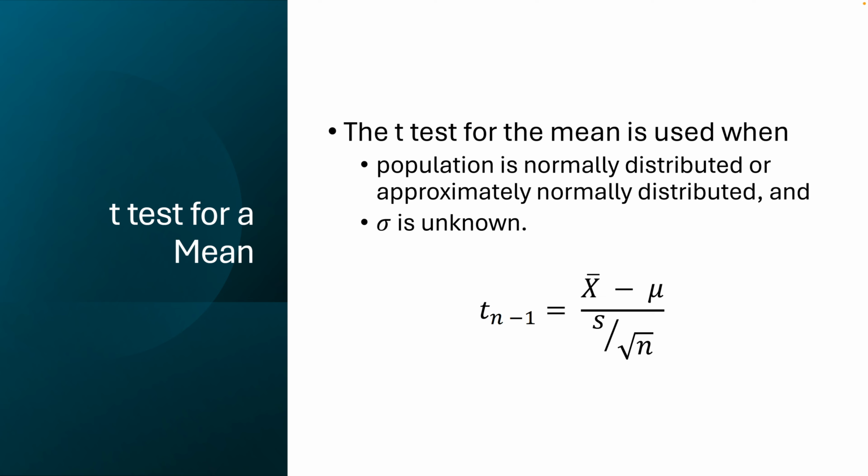So we use the t-test and compute the t statistic for n-1 degrees of freedom using the same formula as in z, except that sigma is replaced by the standard deviation of the sample.